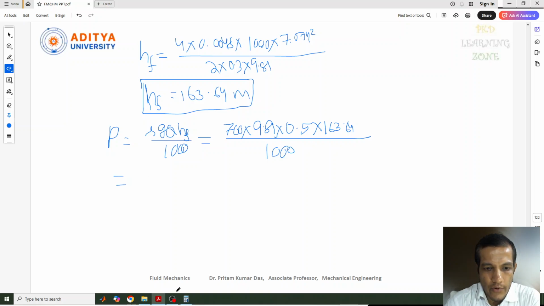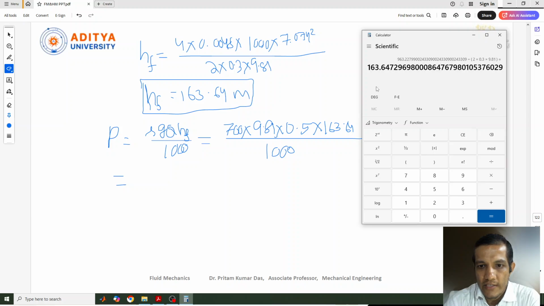Now multiply 163.64 with 700, with 9.81, and with 0.5, and divide by 1000.